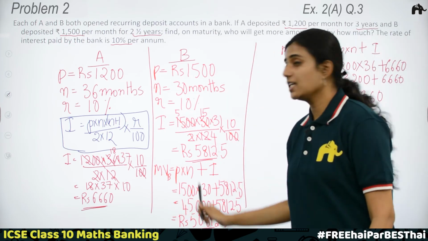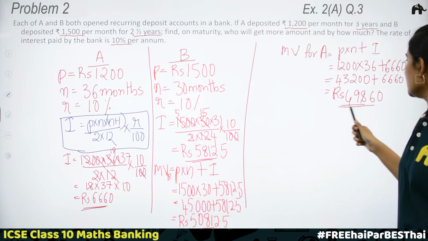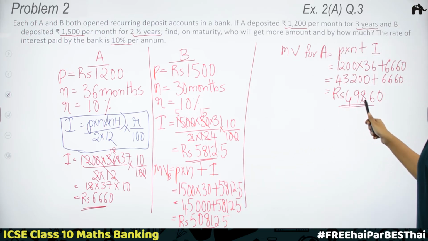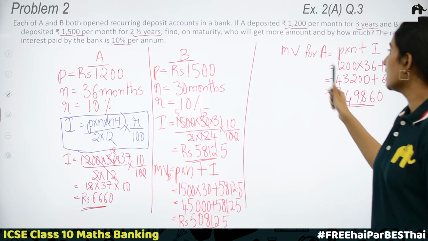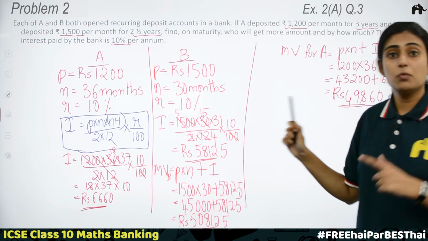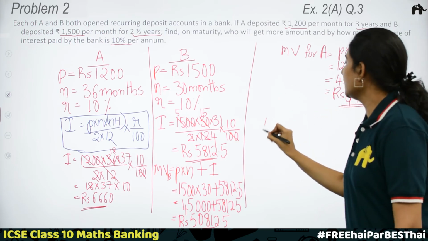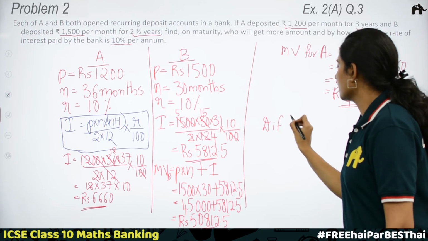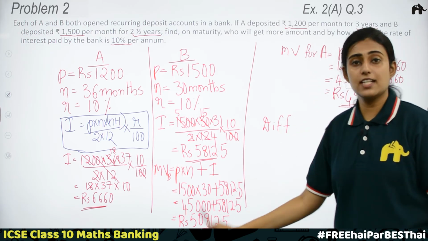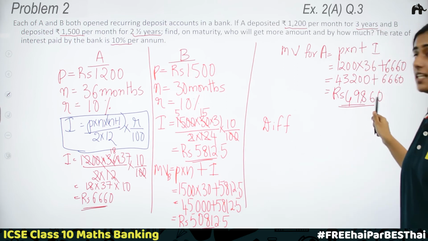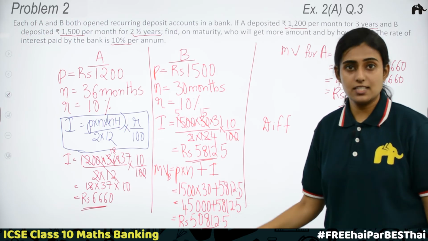Here we know B is getting more amount as maturity value. For A it is 49,860. Now in order to find who will get more amount and by how much, we just need to find the difference. Since 50,812.5 is greater than 49,860, we know that B is getting greater amount.